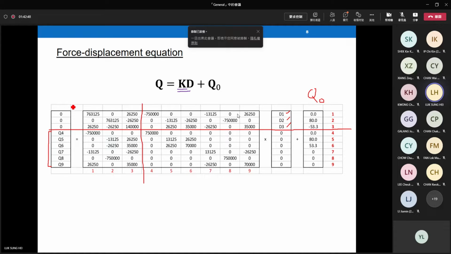Because in this question, you are asked to also find the reactions. This row times this column plus the additional force vector gives you Q4. And then the fifth row times the displacement vector plus the fixed end force vector also gives you Q5, and so on. You may do this row by row if you like. Or you can use matrix operations.